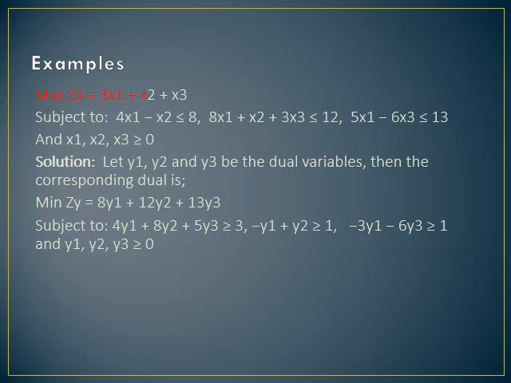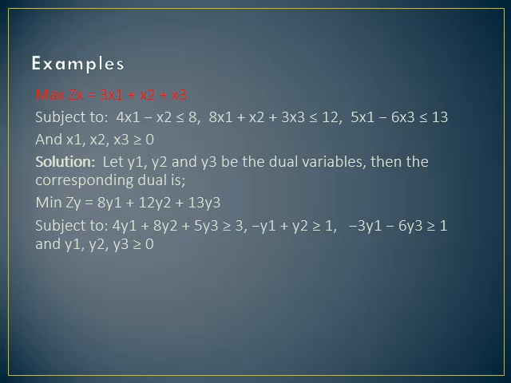Example: given max z equals 3x1 plus x2 plus x3. The requirement is to convert this primal linear programming problem into the dual linear programming problem.